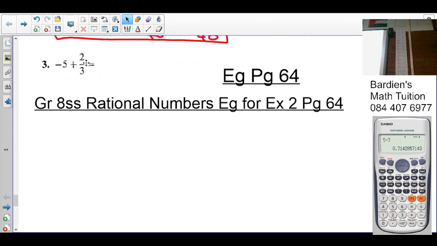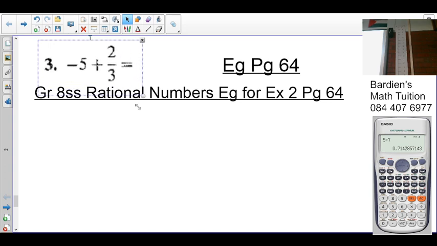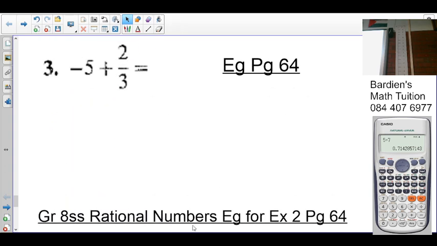Here's the next one. We've got negative 5 plus 2/3. Negative 5 plus 2/3. People, what's your LCM here?